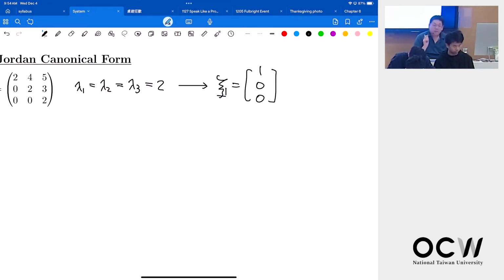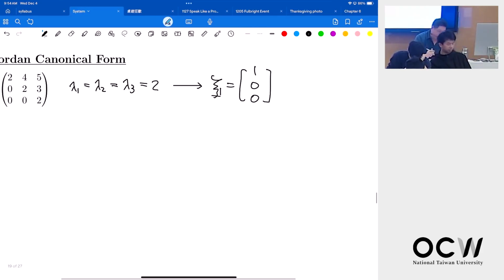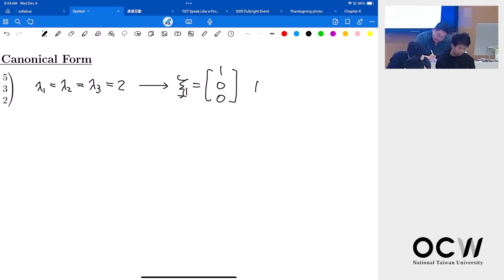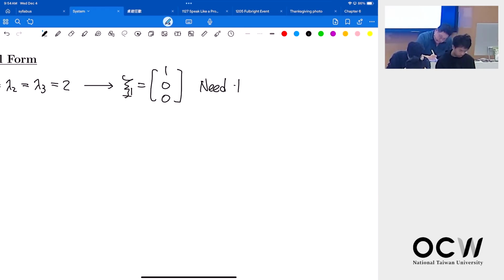But remember that if I want to find a matrix that diagonalizes A, I need to form the matrix P, and that means I need two more eigenvectors. But so far I only have one eigenvector. We still need two more eigenvectors.